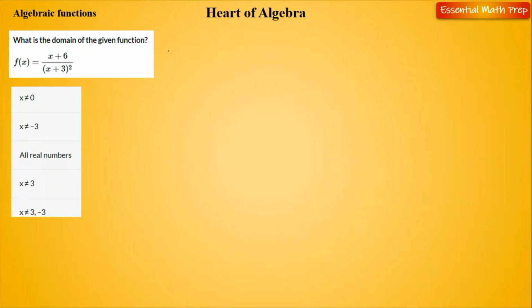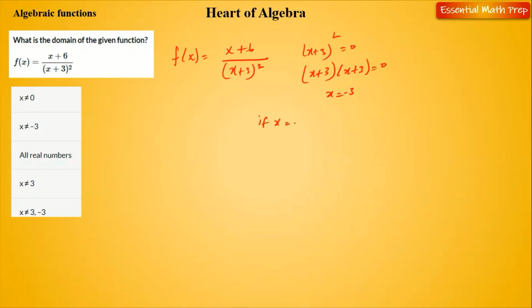So let's continue. f of x equals x plus 6 over (x plus 3) whole squared, right? (x plus 3) whole squared equals 0, so x plus 3 times x plus 3 equals 0. So x equals -3. If x equals -3, then the denominator becomes 0.